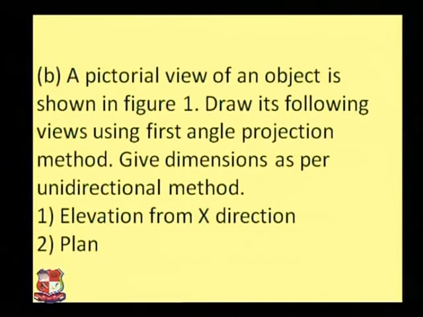Try and practice more and more problems and you will get how you can draw the orthographic projection. It is better to imagine what we can see from the front side, what we can see from the bottom view. If we can imagine like this, then it can be achieved.